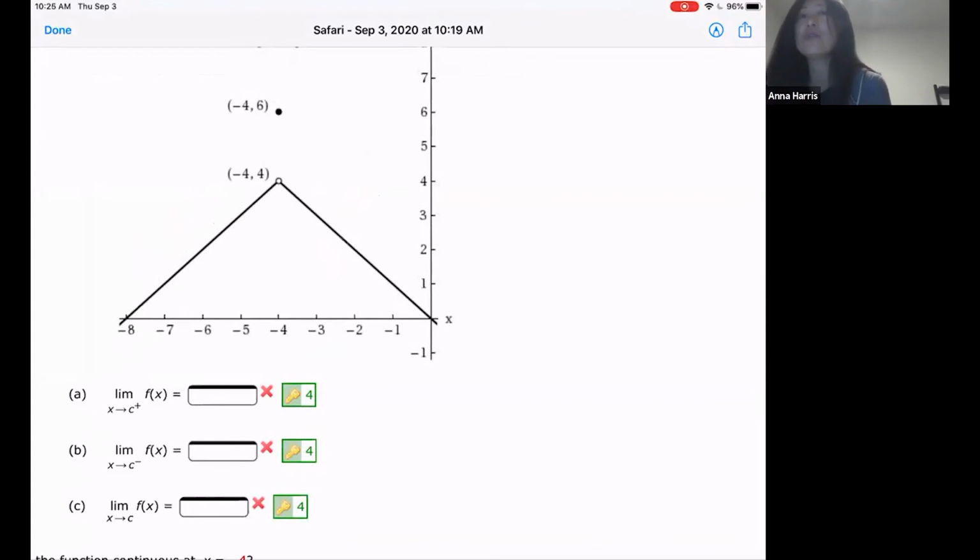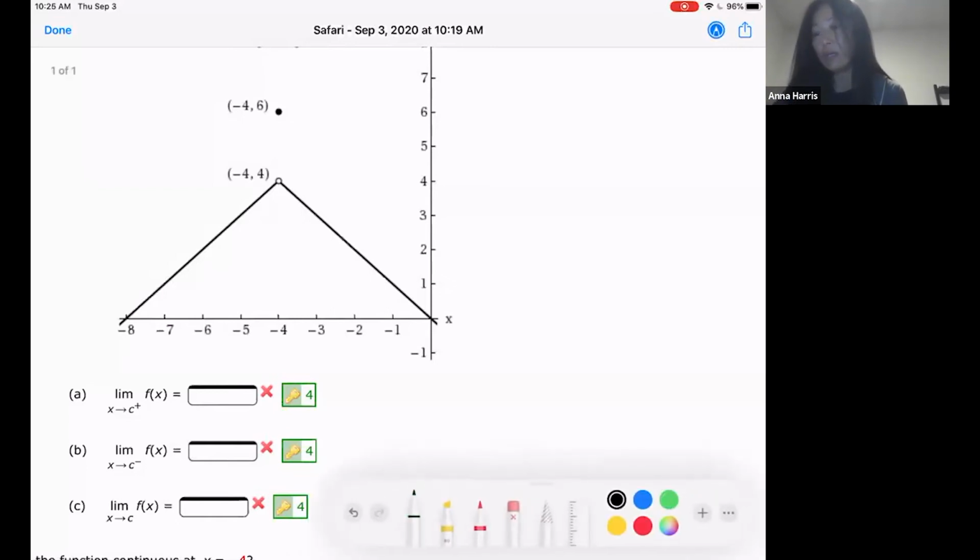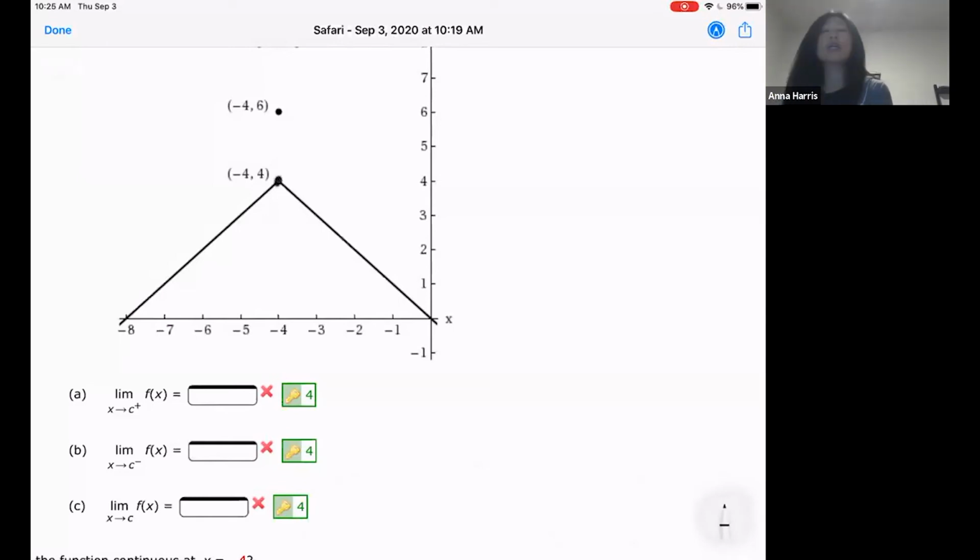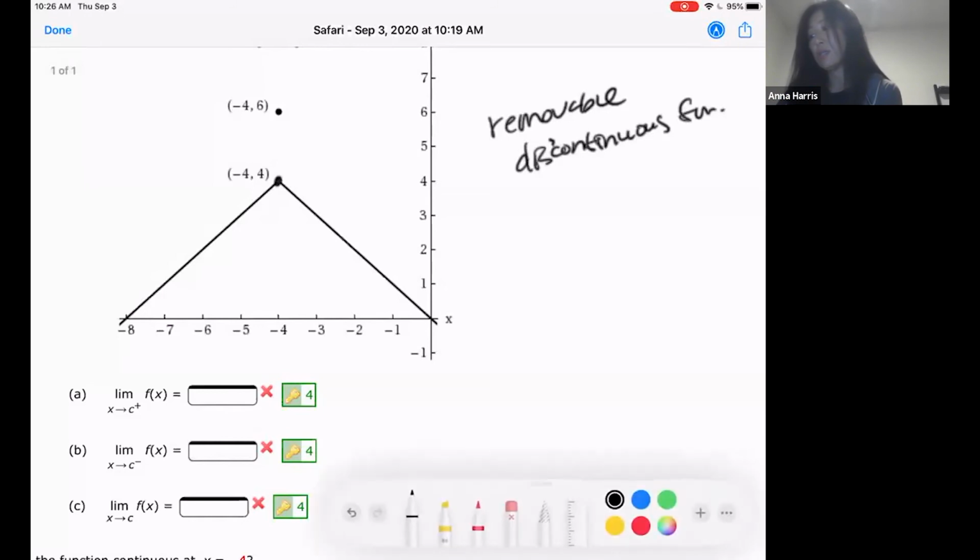In this case, you're going to say this is a discontinuous function, and it is a removable discontinuity. Why is it removable? If I just supply one value right there, does it become continuous? Yes. So this kind of function, you can say it has a removable discontinuity, because I can just fill that in.